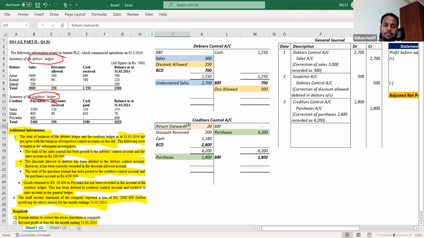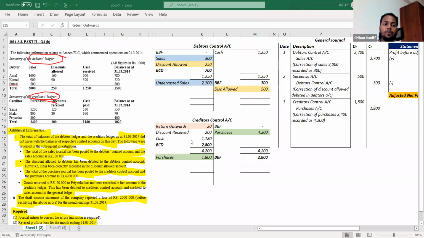Finally, the return outwards. Goods returned 20,000 to Priyanka has not been recorded in her account in the creditors ledger. So if it is not recorded in her account, that is an error in the subledger. So we can't do anything for that.